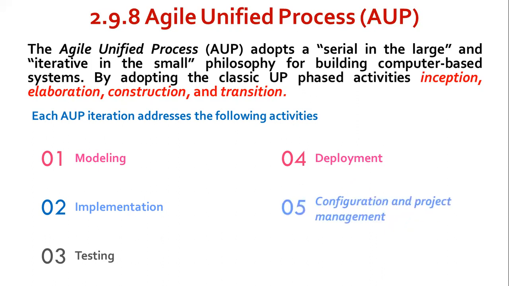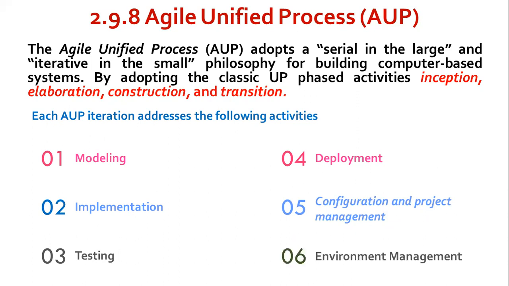And the fifth one is configuration and project management. In the context of AUP, configuration management addresses change management, risk management, and the control of any persistent work products that are produced by the team. The project management tracks and controls the progress of the team and coordinates team activities.